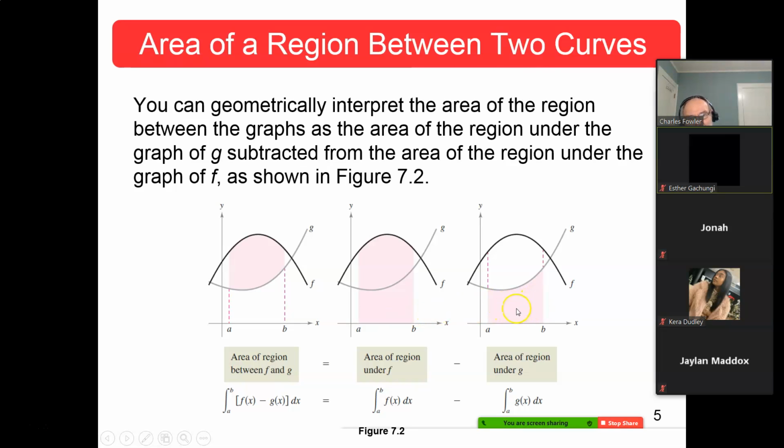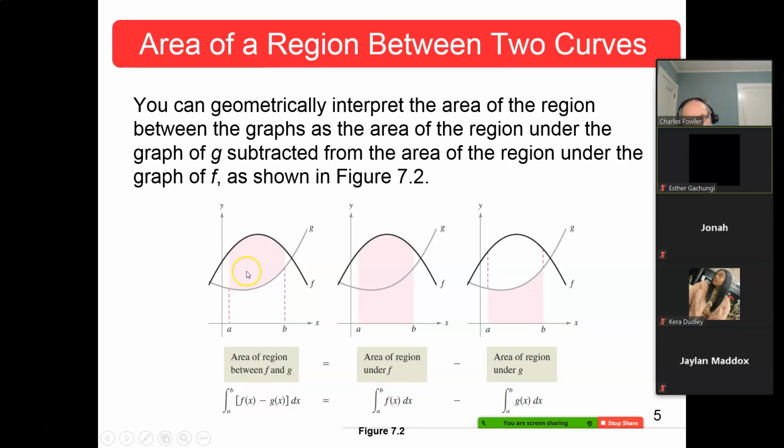This pink here is the area under g between a and b. If you subtract this off of here, you're left with the area here. So the area of the region between f and g is the integral from a to b, x going from a to b, dx indicates that x is what you talk about here, of f of x minus g of x.